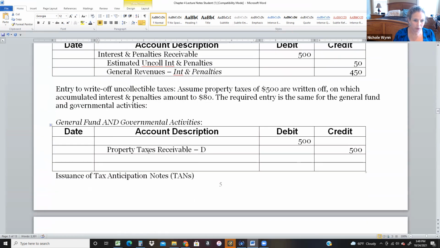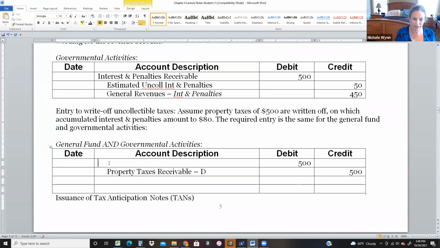So over here, what we're doing is we are going to debit estimated uncollectible, which is the equivalent of allowance, dash delinquent. And then we're going to credit the receivable. So this is like accounts receivable, and this is like allowance.